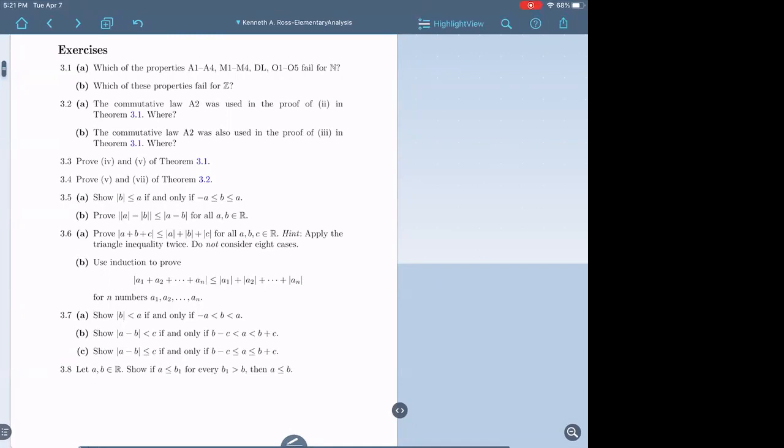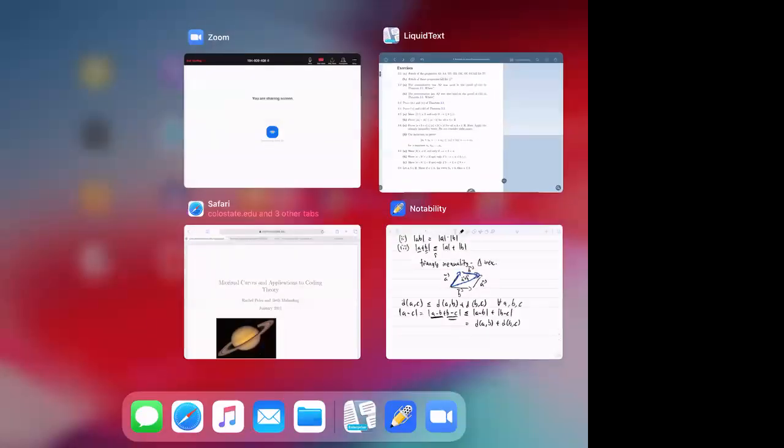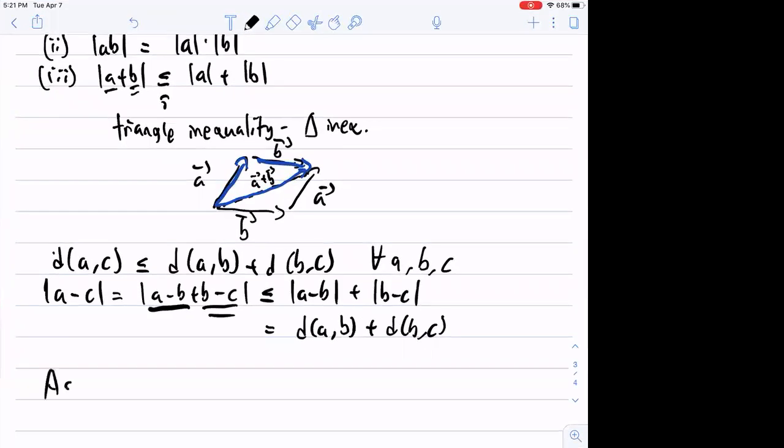So for 3.5, let's assume we have part A, right? I hope it's obvious we all know that if the absolute value of B is less than or equal to A, we can get rid of it by doing a double inequality, right? So assume we proved 3.5A.